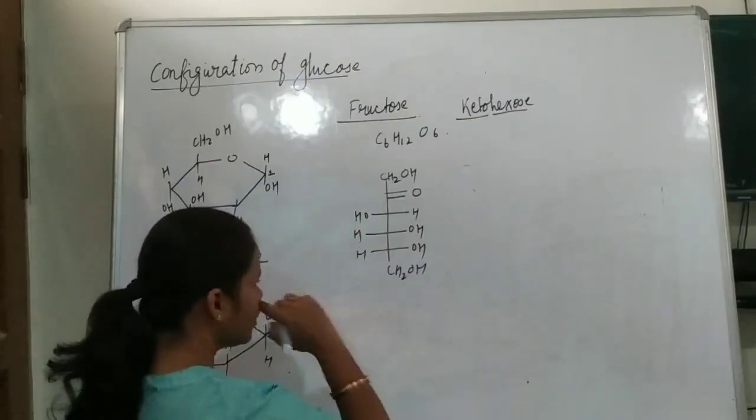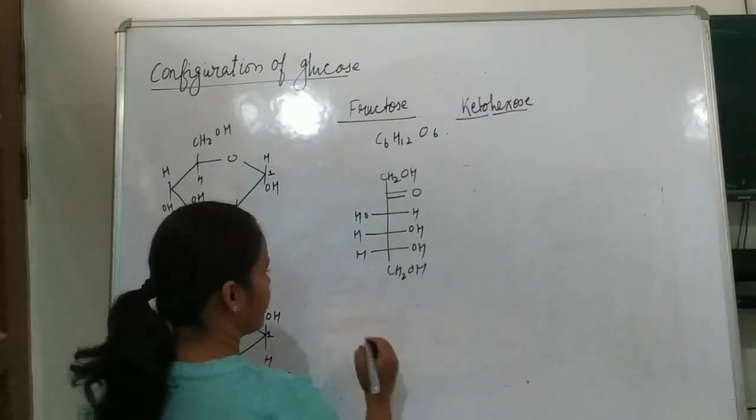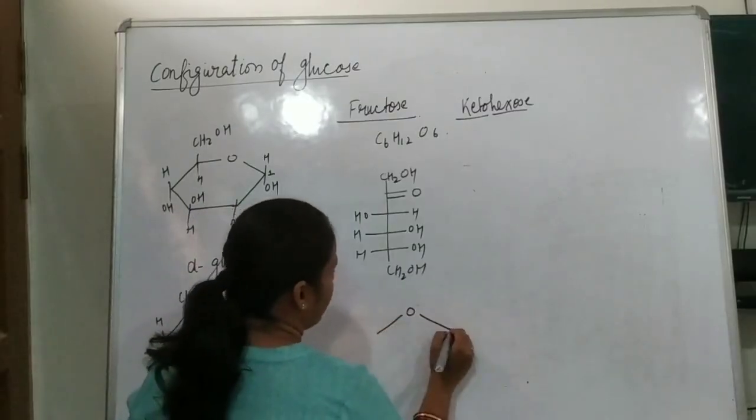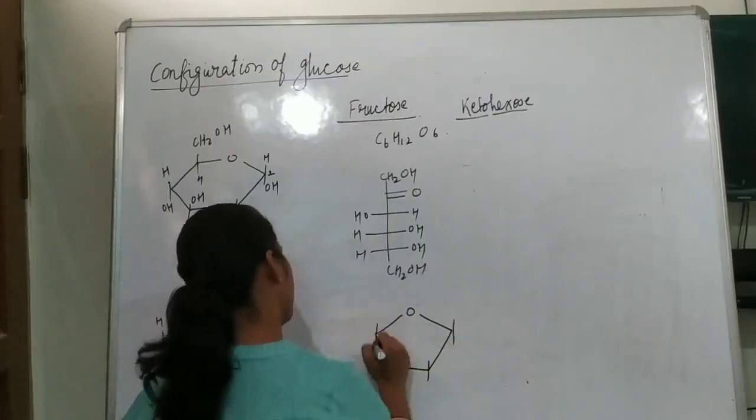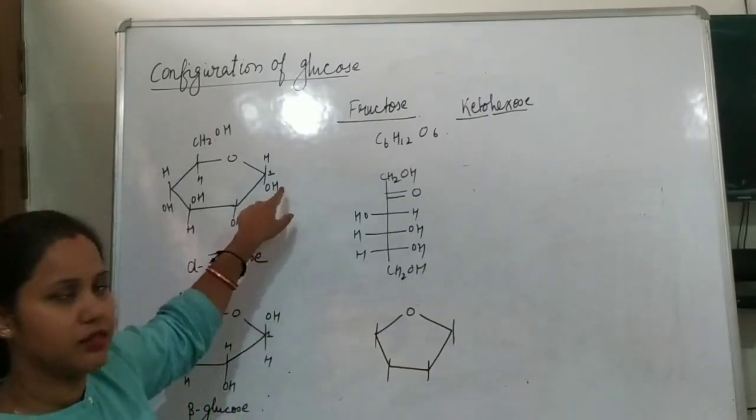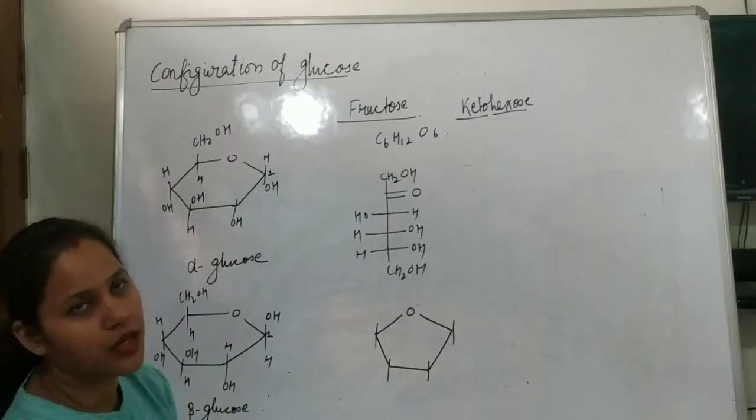Okay, so if you want, let me draw the structure for that also. Remember, when we are writing alpha, the OH is down. When we write beta, the OH is up.